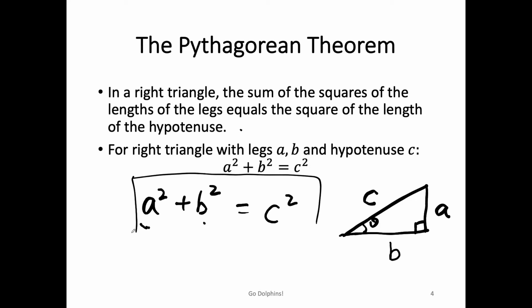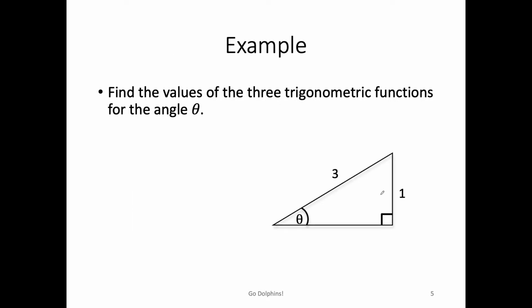So if you have a right triangle with sides A, B, and C, where C is the hypotenuse, we should have A squared plus B squared equals C squared. And this can help us calculate sides of the triangle even if we only know 2 sides.